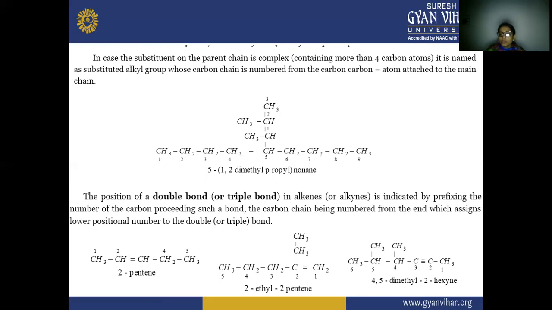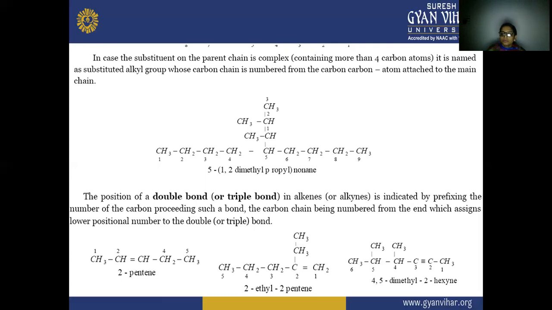So its name is 2-ethyl 2-pentene. Sorry, 2-ethyl 1-pentene, because the double bond is on the first position. So there is a little correction here. 2-ethyl, because on the second position the ethyl group is present, and between the first and the second position the double bond is present. So its name is 2-ethyl 1-pentene.